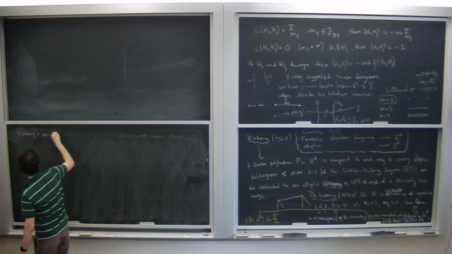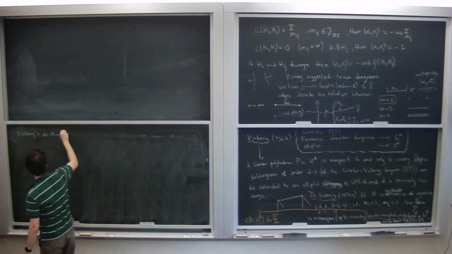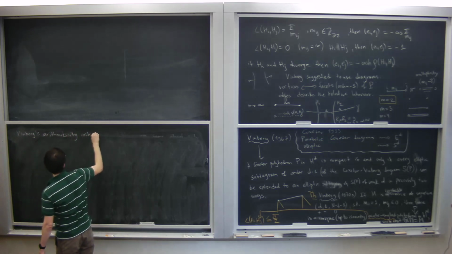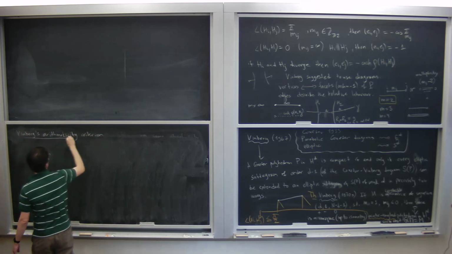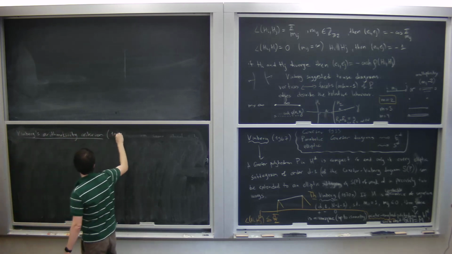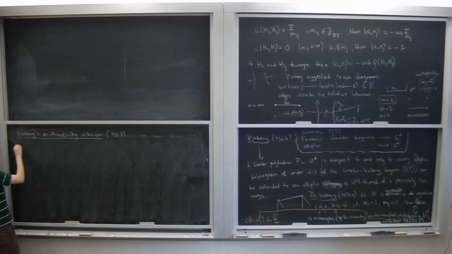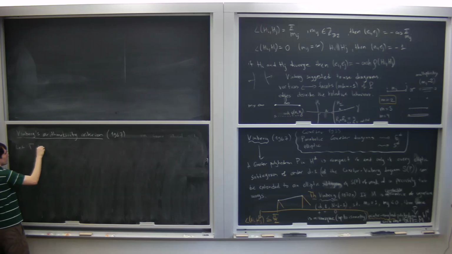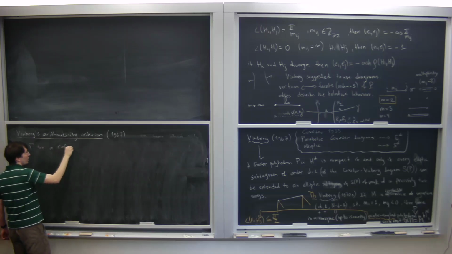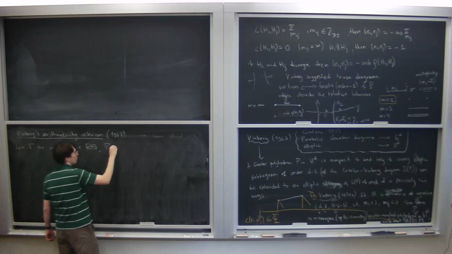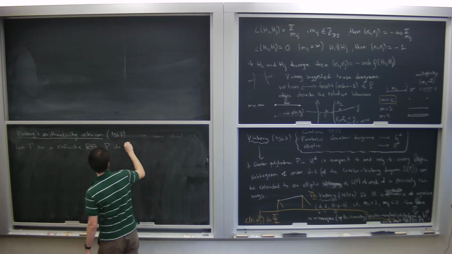Vinberg's arithmeticity criterion, in the same seminal paper in 1967. So let gamma be a cofinite reflection group, and P its Coxeter polyhedron.